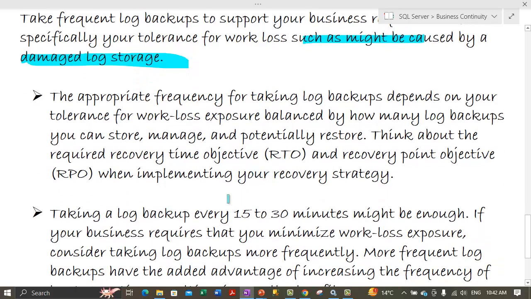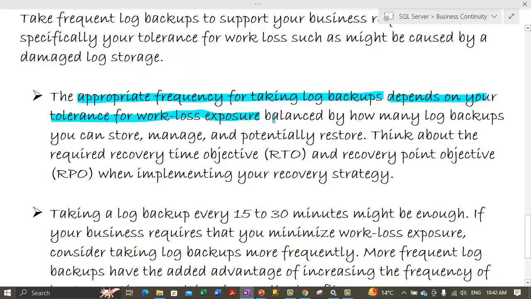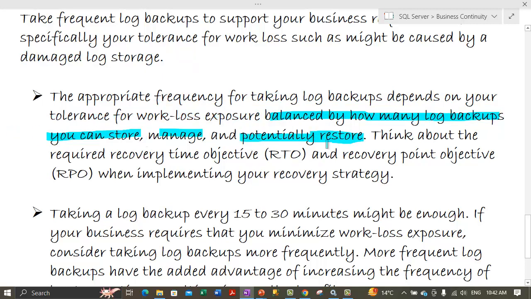Now let's talk about the appropriate frequency of taking log backups. The appropriate frequency for taking log backups depends on the tolerance of work loss exposure, balanced by how many log backups can be stored on the disk and managed and potentially can be restored. That helps us in deciding how frequently to take log backups.